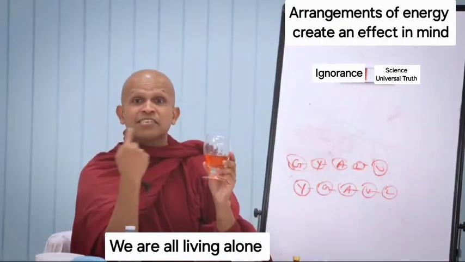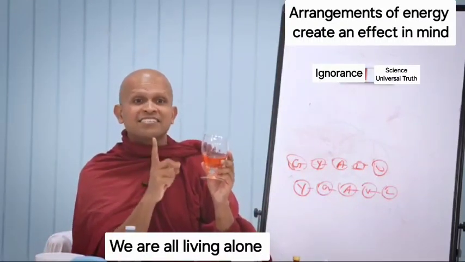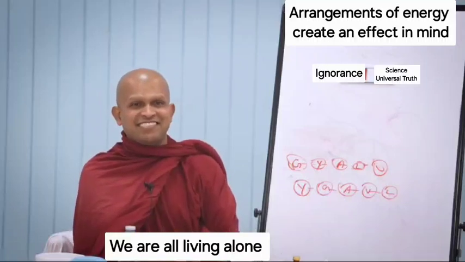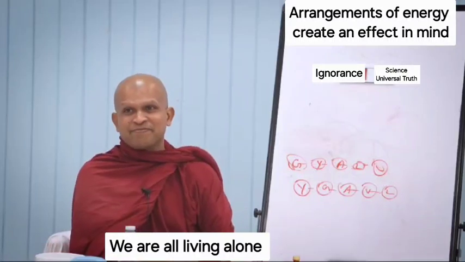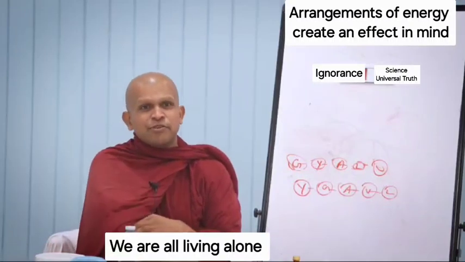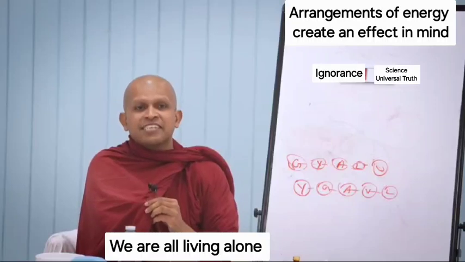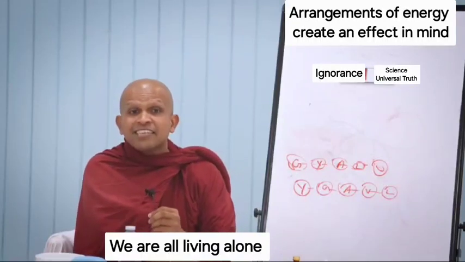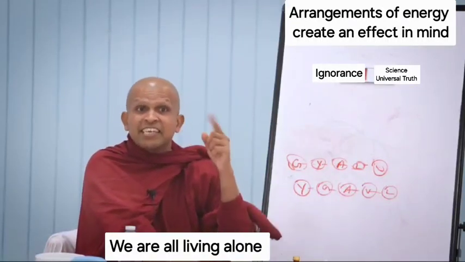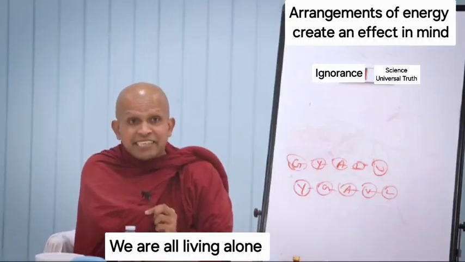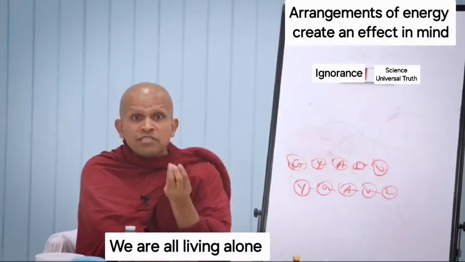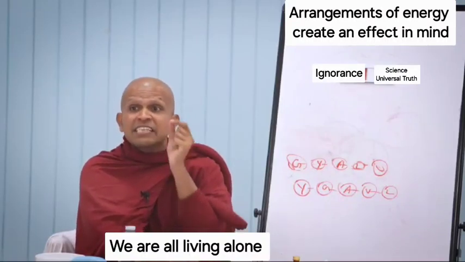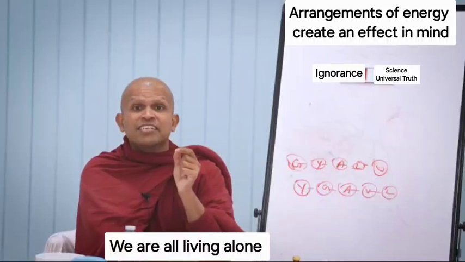This outside world is colorless. This robe is not maroon color, ladies and gentlemen. This robe is colorless. Because of the light and the pigment here and I, when they come together, these cause an effect in the mind, that is the maroon color.